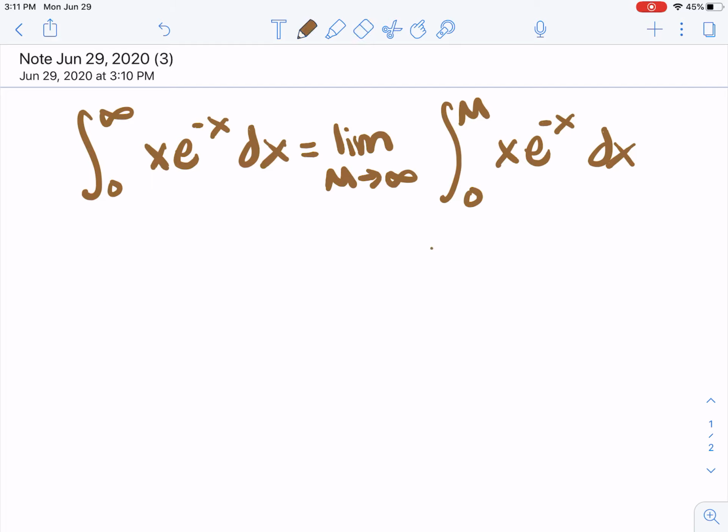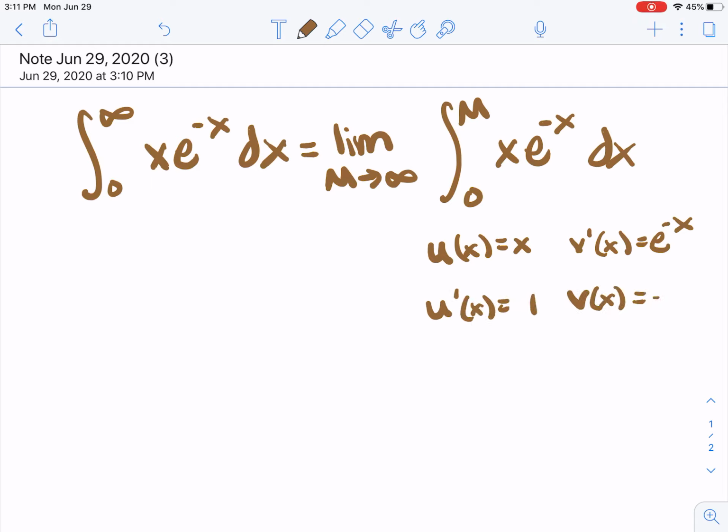This integral we do with parts. So u of x, we let be x, and v prime of x is e to the minus x. That means u prime is 1, and v is minus e to the minus x.